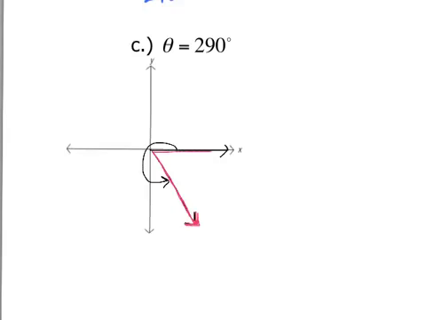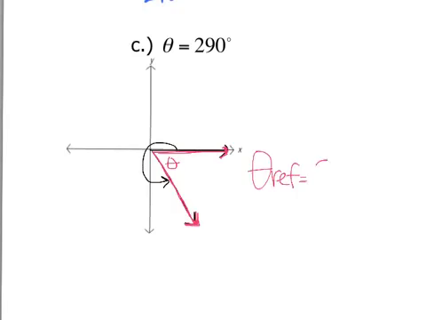Okay. So it looks like we went on top of our original angle, but it's going the other way. So how can we find the measure of this?